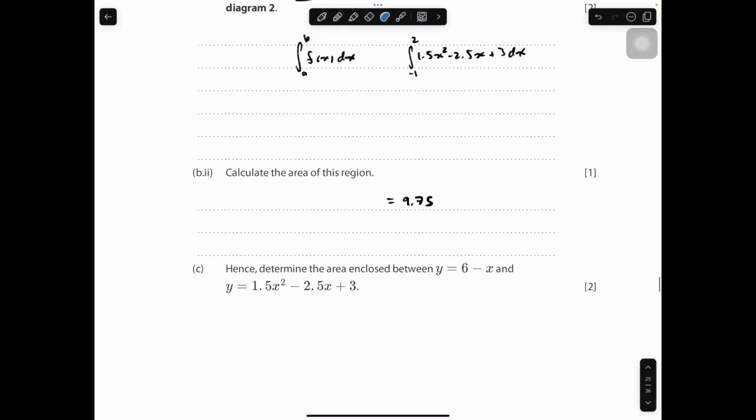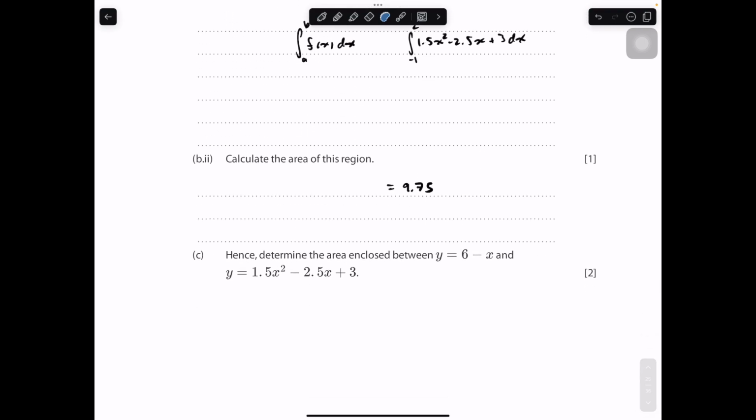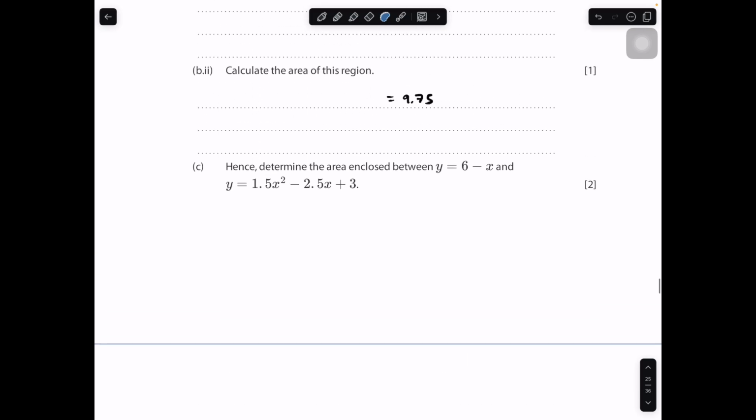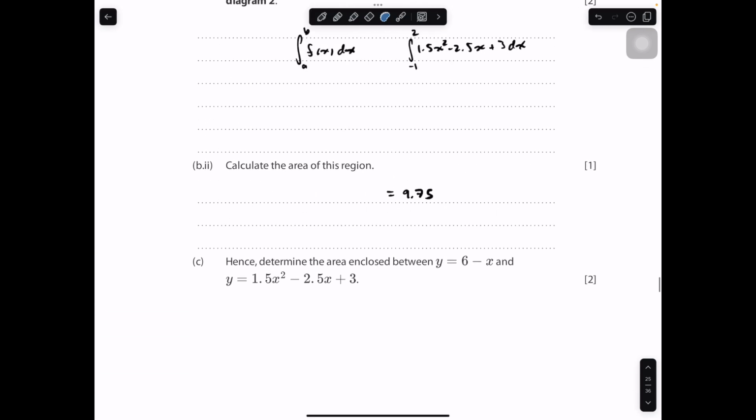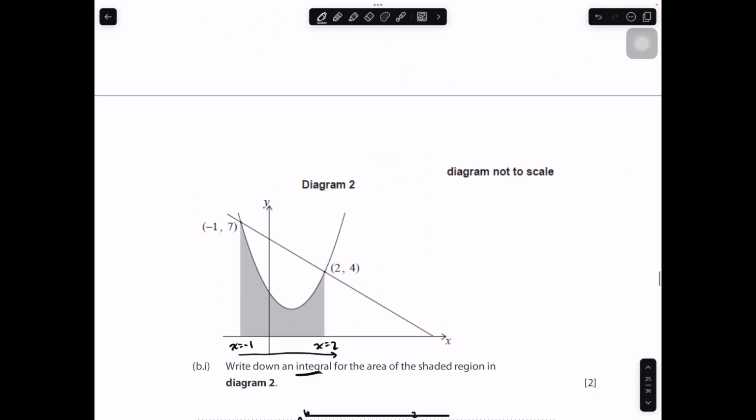Hence determine the area enclosed by y equals 6 minus x and y equals 1.5x squared minus 2.5x plus 3. Kind of a neat question. This is function 1 and this is function 2. Essentially, they're asking us to find the area enclosed by, so this is where they intersect, right here and here.